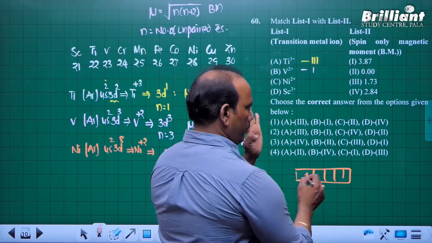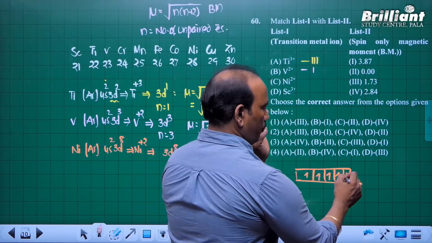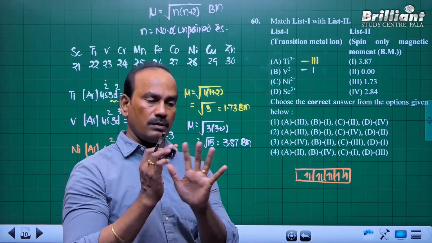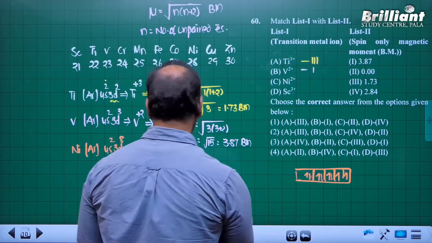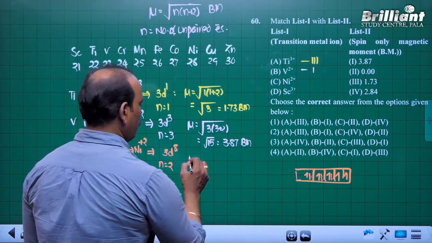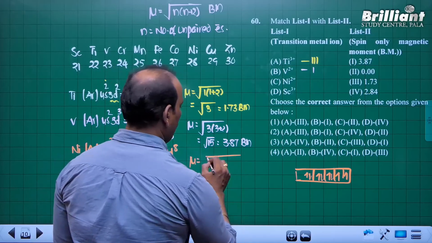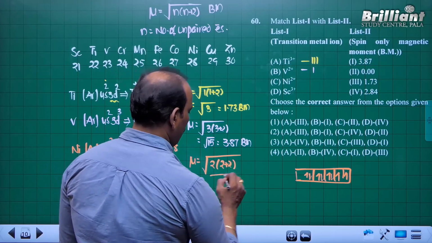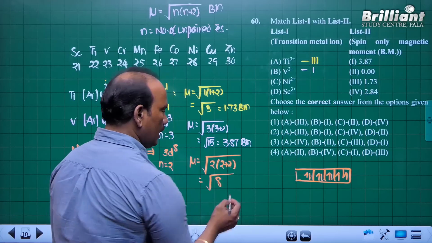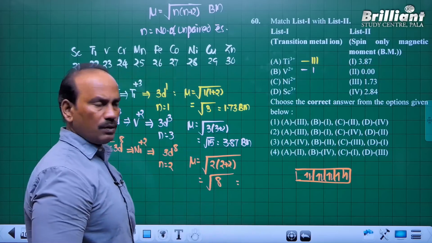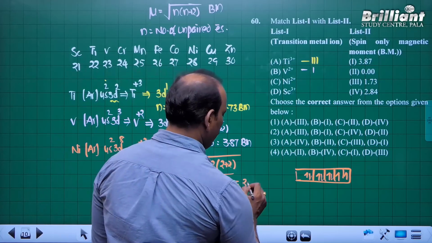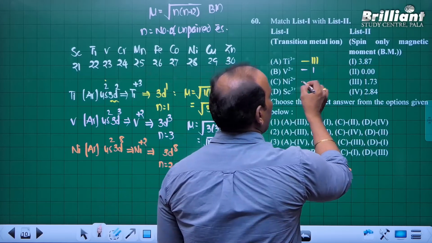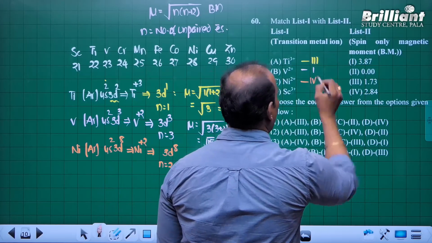So n equals 2. Therefore mu equals the square root of 2 into 2 plus 2, that is root 8. Root 9 is 3, so root 8 is less than 3: 2.84 BM. Next is scandium.